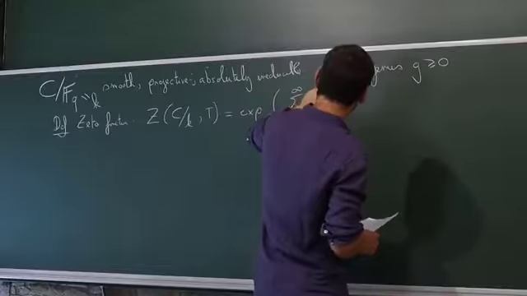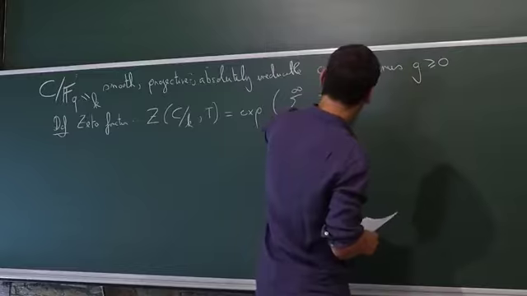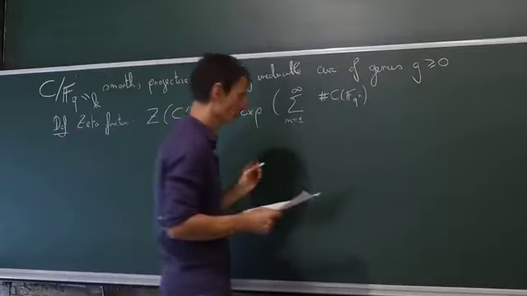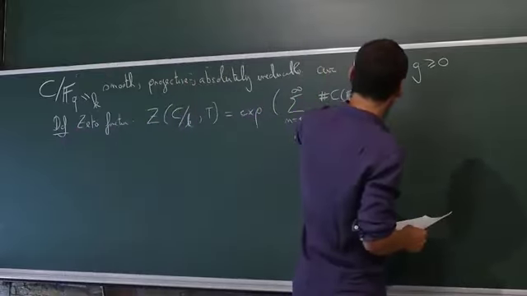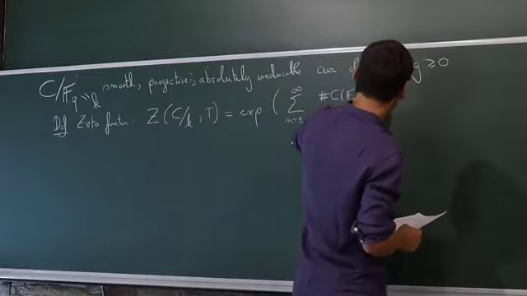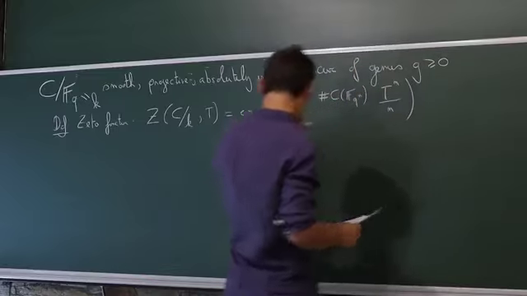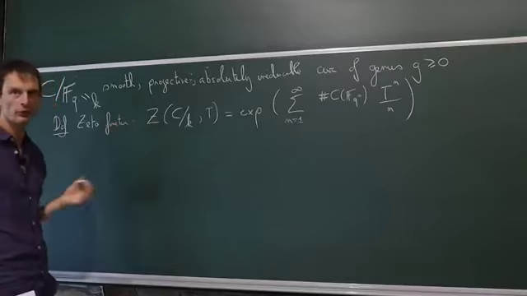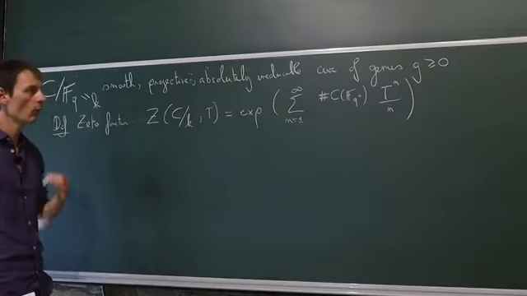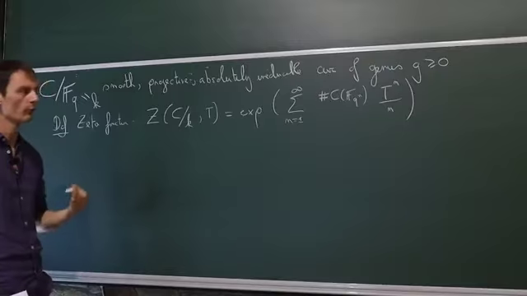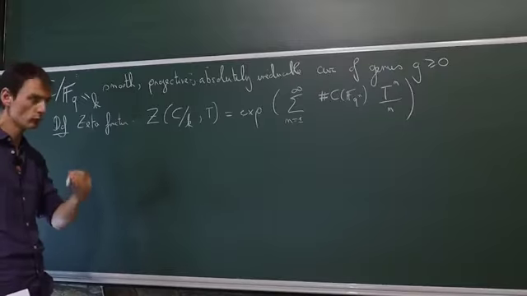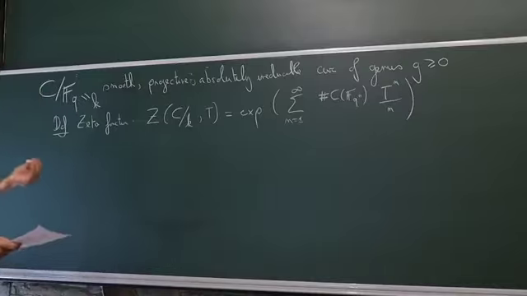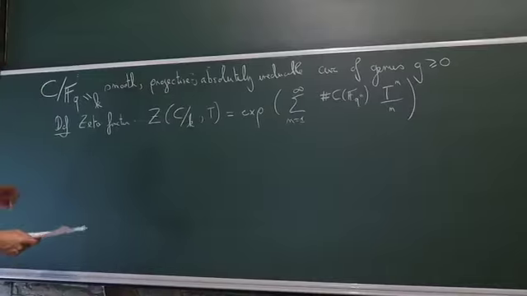Here you put the number of points on the curve over a degree n extension, and you multiply it by t to the n over n. So somehow what you already observe here is that this power series is going to contain all the information on the number of points on the curve, not only over F_q, but over any kind of extension. So it's really powerful somehow. It really contains a lot of information.